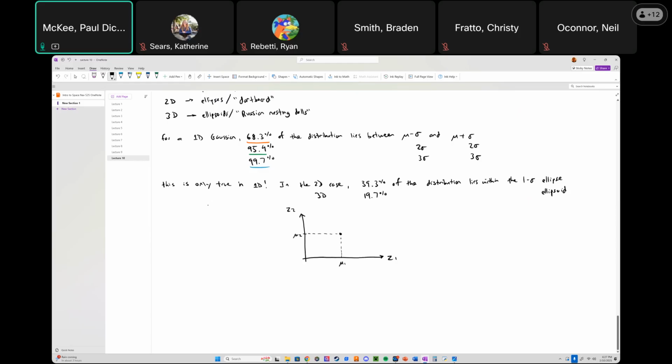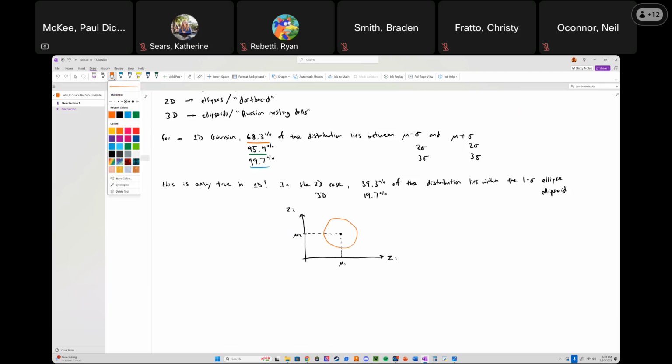Then let's also say that you've got this distribution where maybe this is our 1 sigma ellipsoid, which I'm trying to draw pretty close to a circle in this case. This is our 1 sigma ellipsoid. And then maybe we'll draw our 2 sigma ellipsoid to get the idea here.